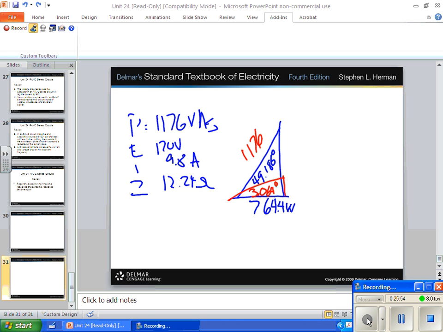Everybody on that? Okay, now, when we power factor corrected by adding a capacitor, we wound up with 3.06 degrees. Is that correct? Okay, so if that's true, then we're going to have a power factor of, what was it, 99.8?